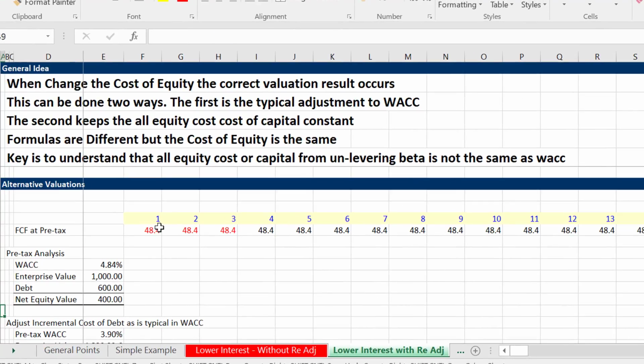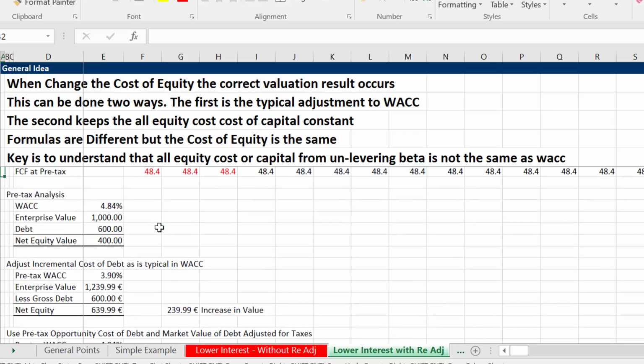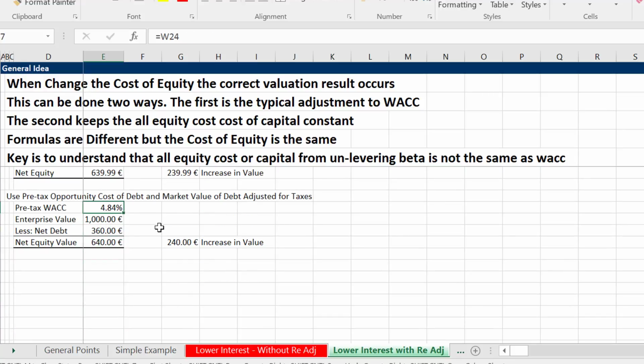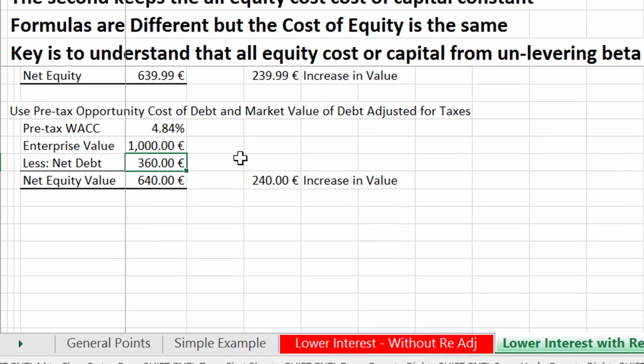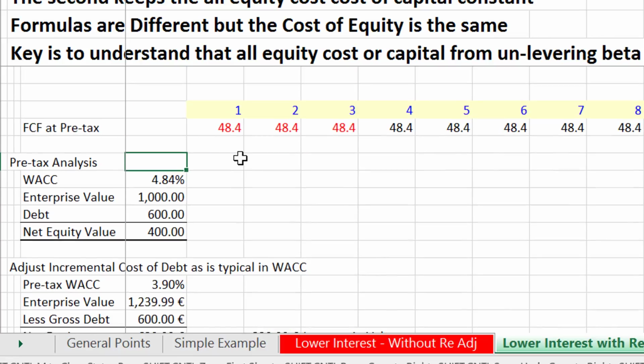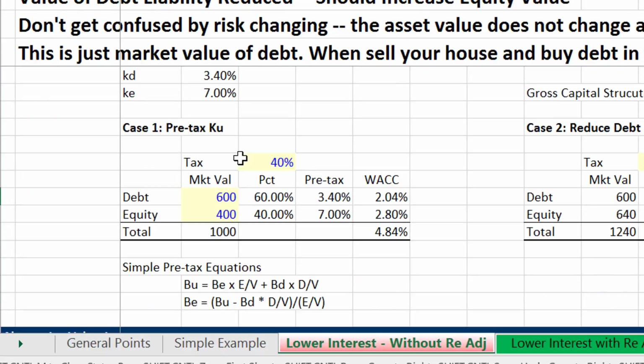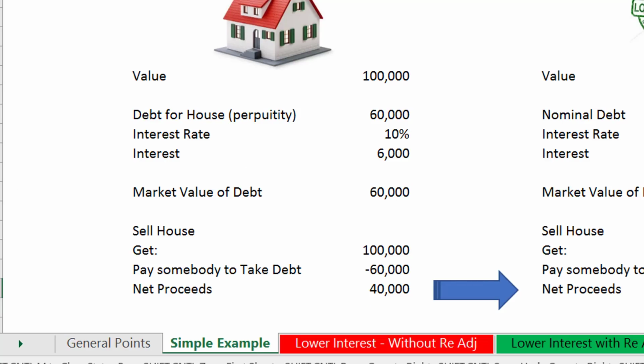Now we do the same sort of thing. We start with our pre-tax analysis, and in our pre-tax analysis we get the equity value of 400. Then we use the same pre-tax analysis, and I reduce the debt by the amount that the value of the debt went up. The value of the debt went up by the tax rate, just like in our simple house example.